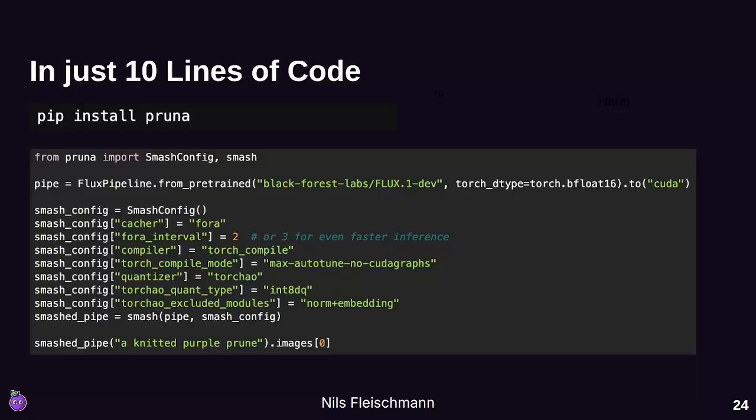Okay, as a cache, you want to use Fora, for example, then you use the interval 2 or 3. Then you say, as a compiler, use Torch compile, as a quantizer, Torch AO. And you can also specify this one option I mentioned that allows you to not quantize your norm and embedding layers. And then you basically have the same results as I have, this nice 4.2x speed up for Flux.